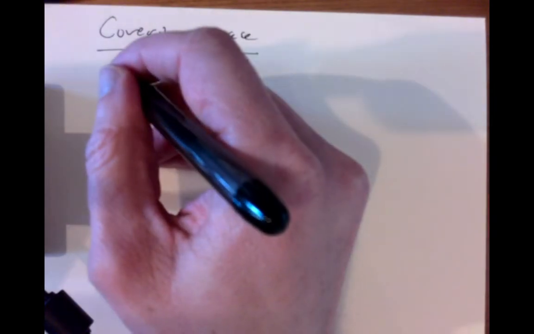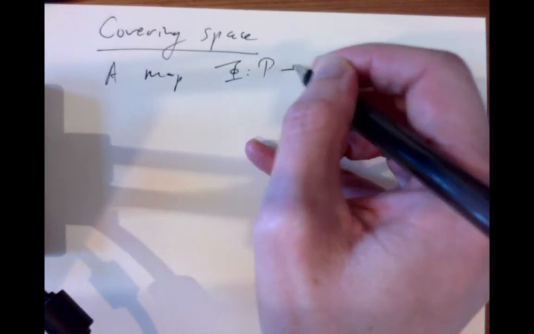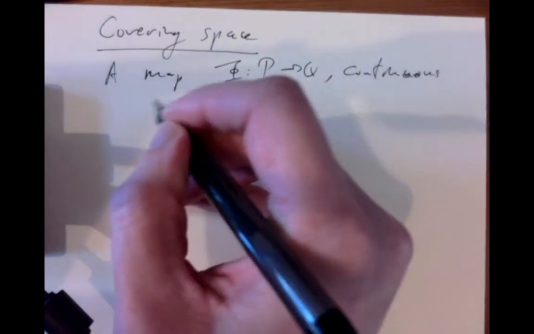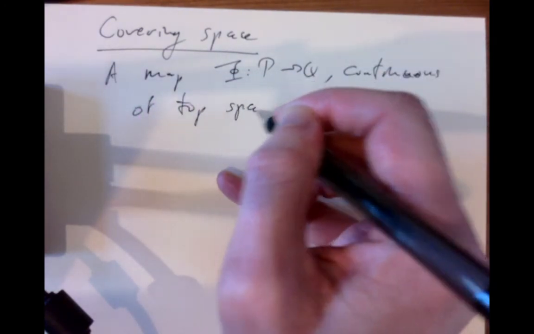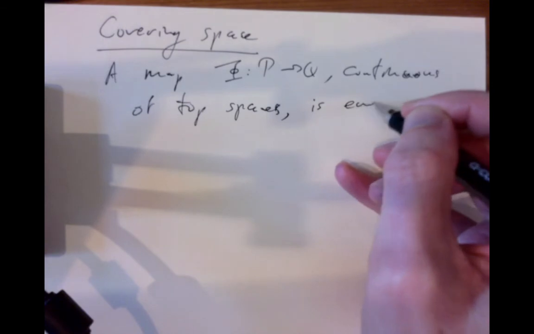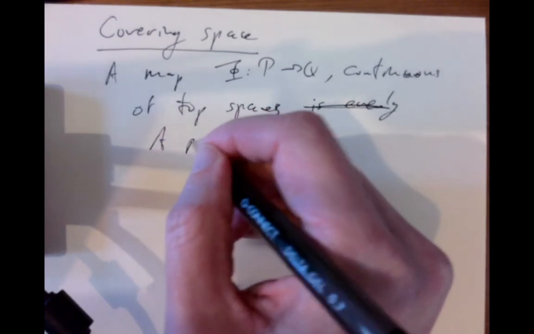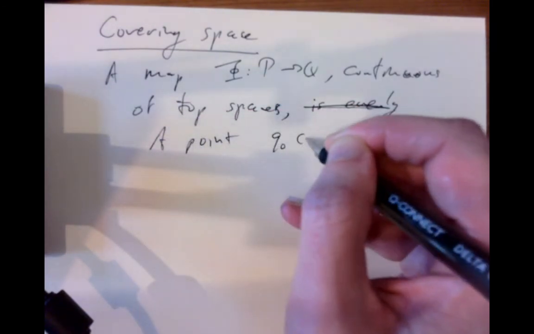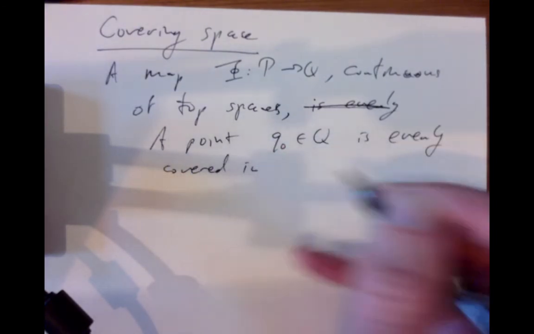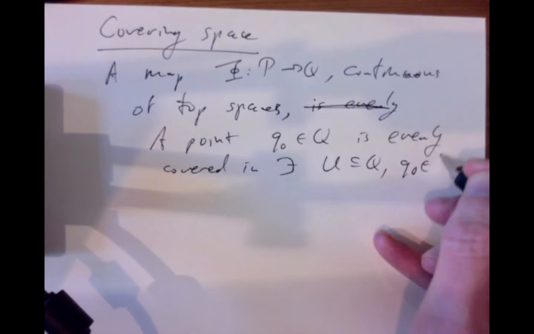If we have a continuous map phi taking P to Q of topological spaces, then we can say a point q naught in Q is evenly covered if there exists some open set U with q naught in that open set.